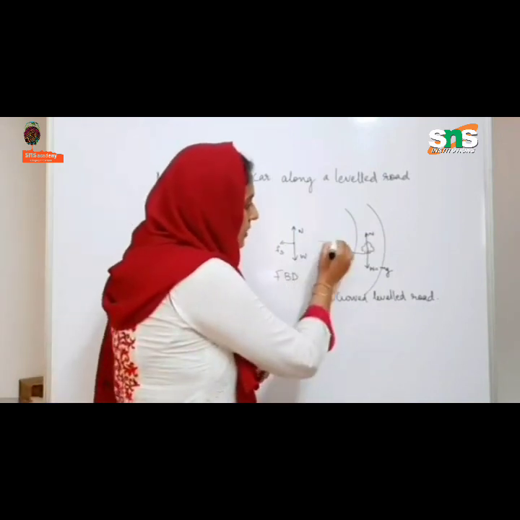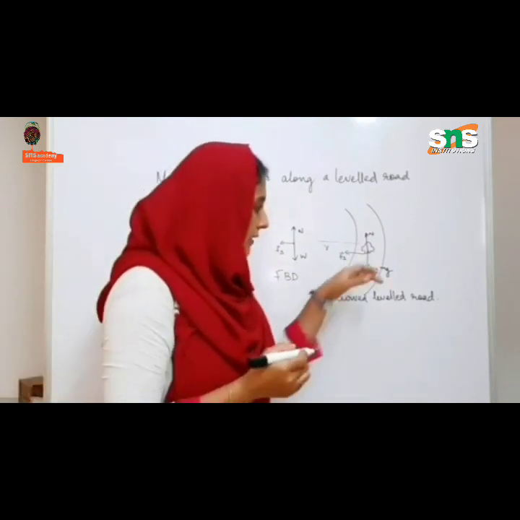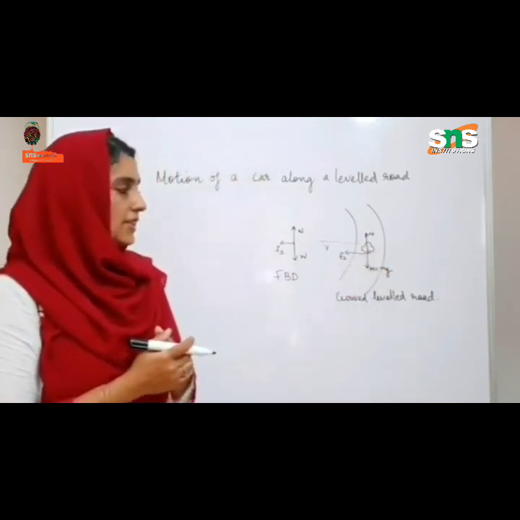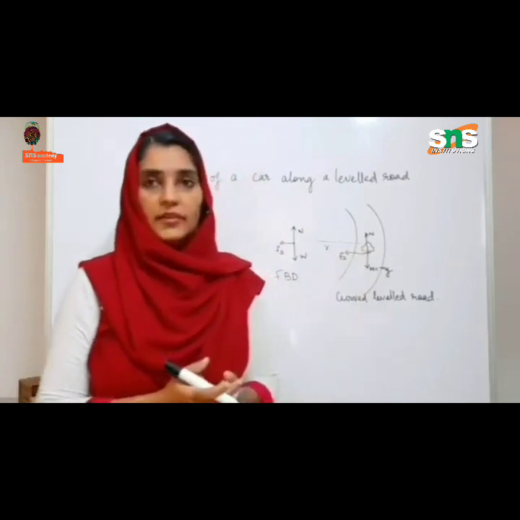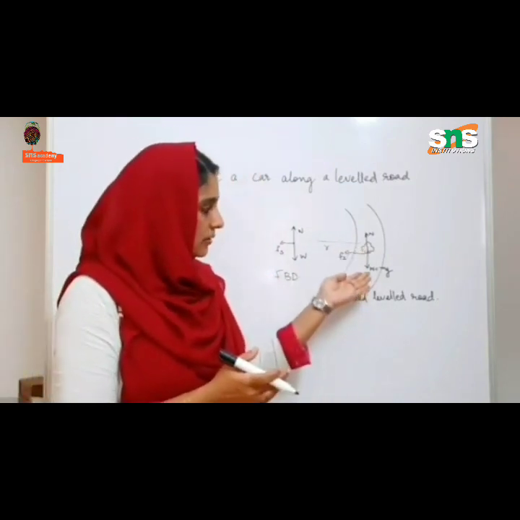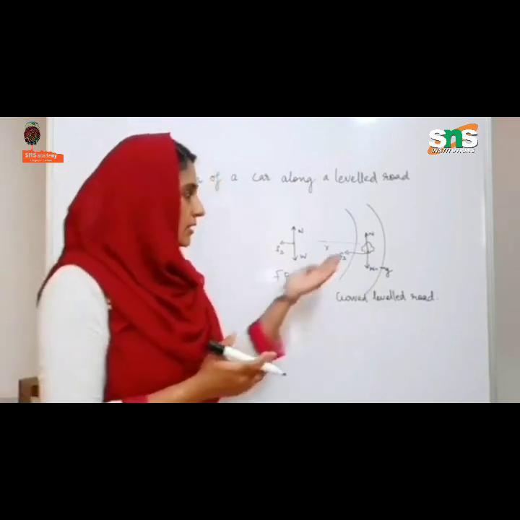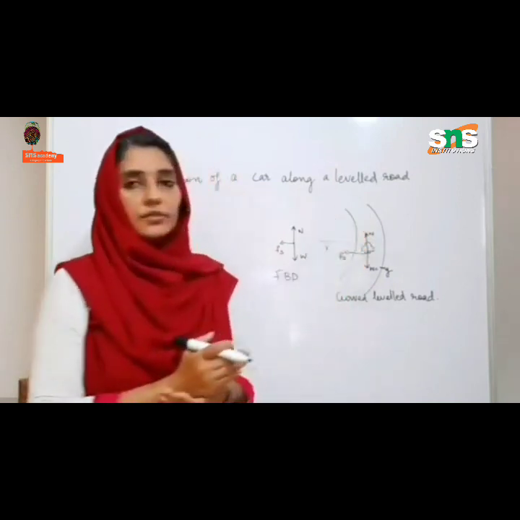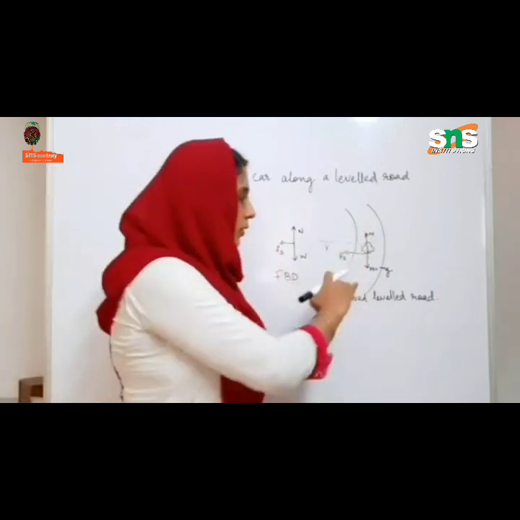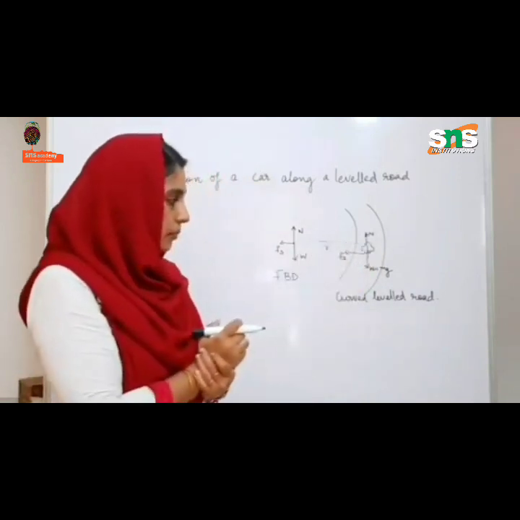r. Suppose the circular path has a radius r. What are the different forces acting on the car? The first force is the weight itself, which is acting vertically downward, so W is equal to mg. What is the other force at this time? It is the normal force or the normal reaction, which is perpendicular to the surface of the road, and I have shown it as N, which is vertically upward.